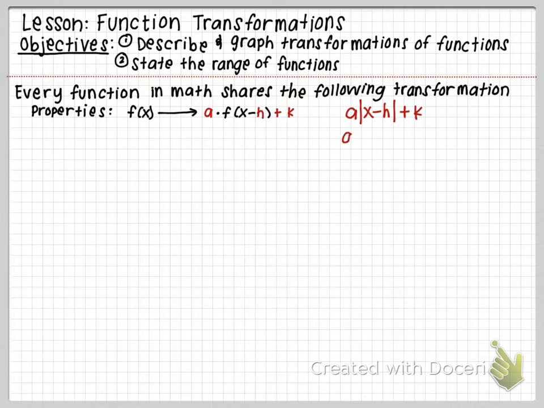So let's look here. This is what a quadratic looks like. Now look how similar that looks, and look how similar both of these look to this function, right? The top function is absolute value, and the one beneath it is a quadratic, but they both share that same transformation property.